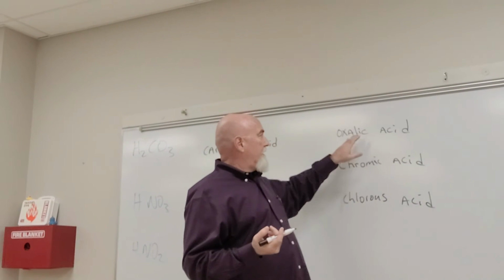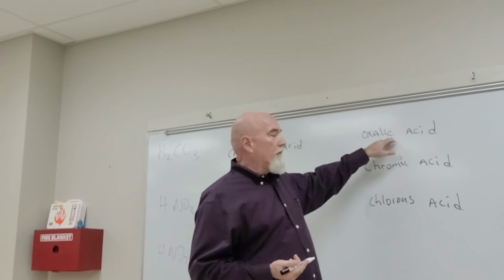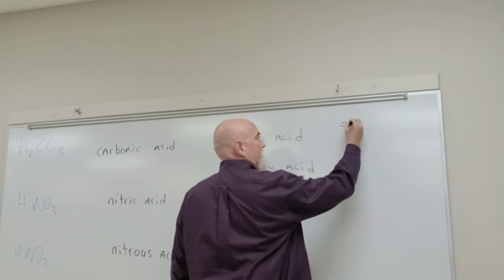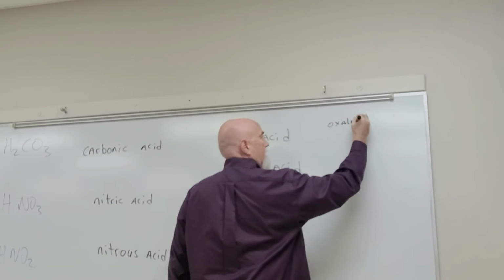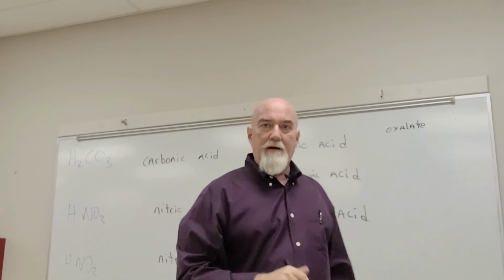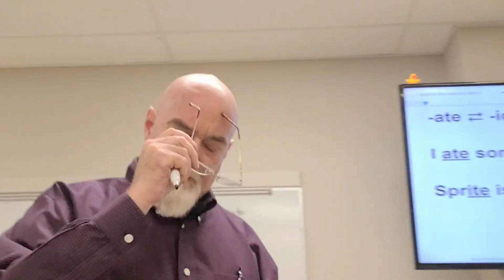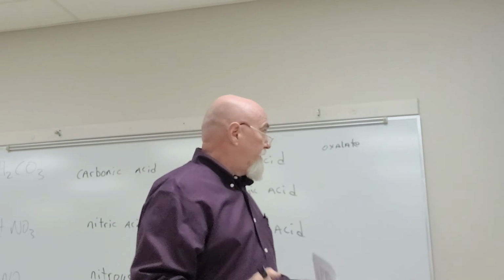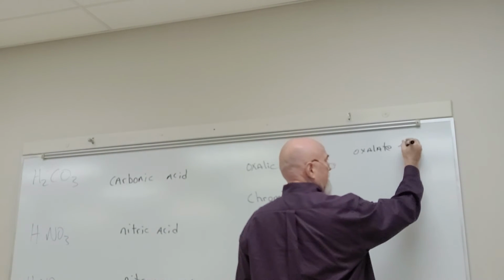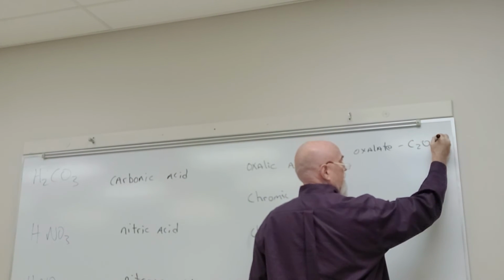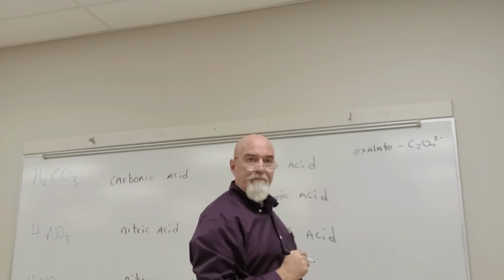I ate something icky. So what I'm looking for is oxalate. If I see oxalic acid, I have to look up oxalate on my table of ions. And you all have that here. When you look up oxalate, it should be C2O4, yes. It's C2O4 with a 2- charge.